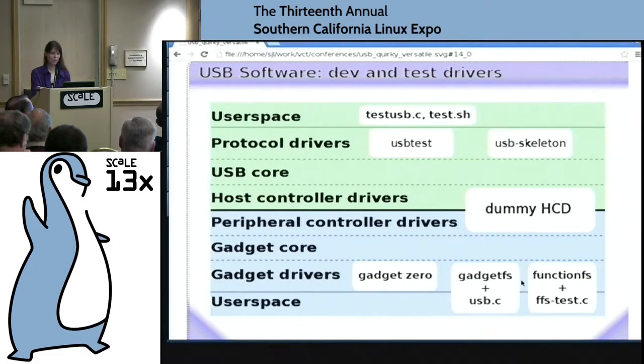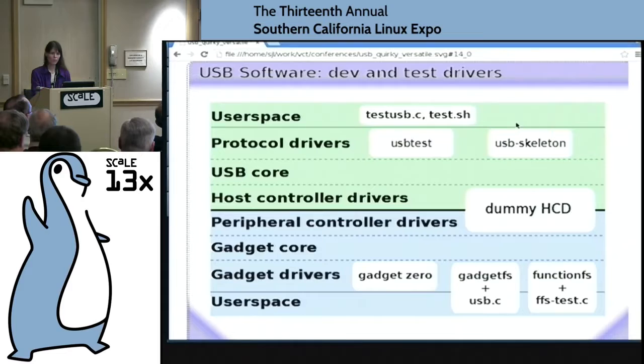But if you've decided to come into the modern era and you're using functionFS, then you can have your USB test counterpart in the kernel tree, in the area that has the other user space tools, like perf and so forth. There's that little directory that has non-kernel code. Look there and you'll find FFS test.c, and that is meant to be run with the USB test driver.